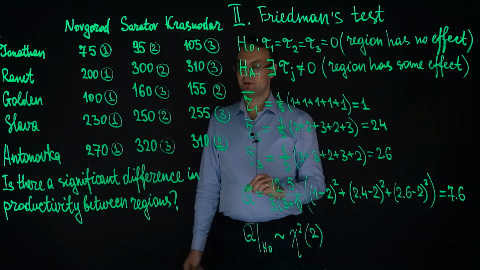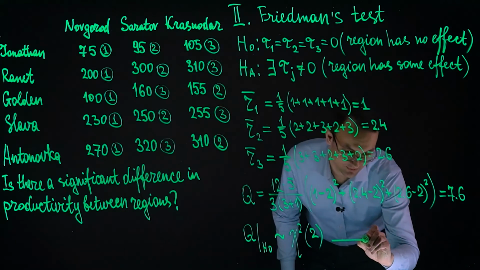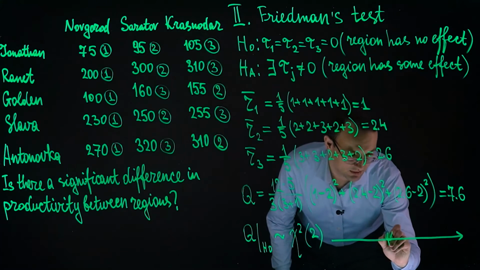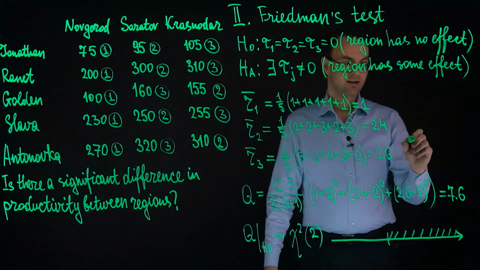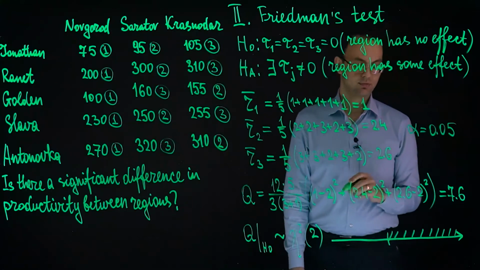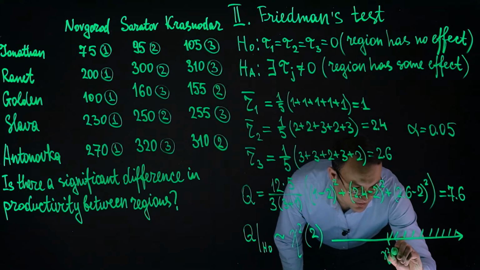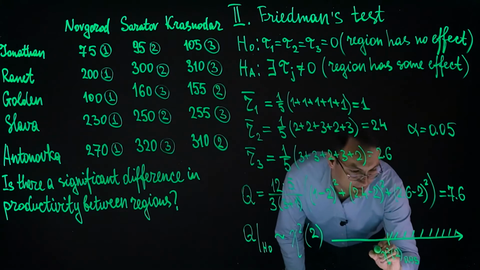So we are to use quantiles of the chi-square distribution with 2 degrees of freedom. Let's assume the same alpha as usual, 0.05. So here we have the chi-squared quantile with 2 degrees of freedom of the level 0.95.